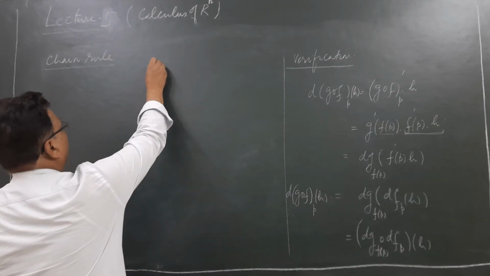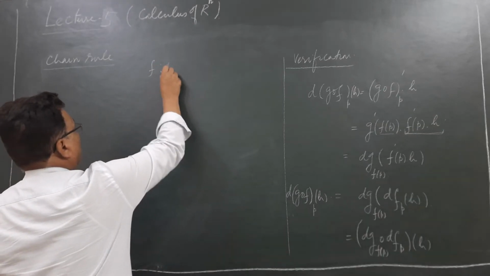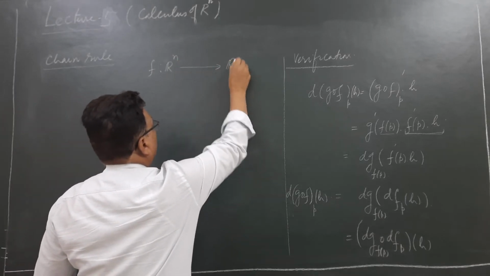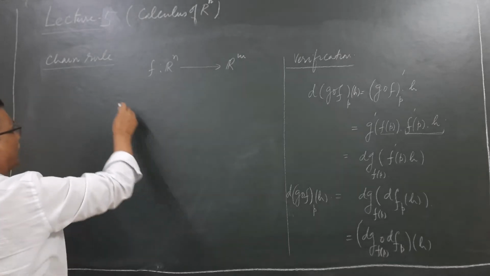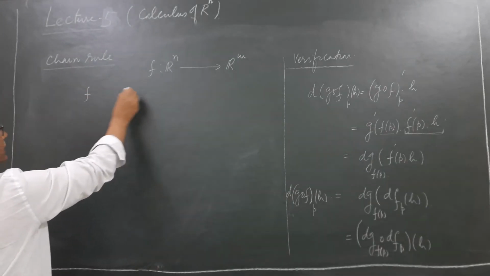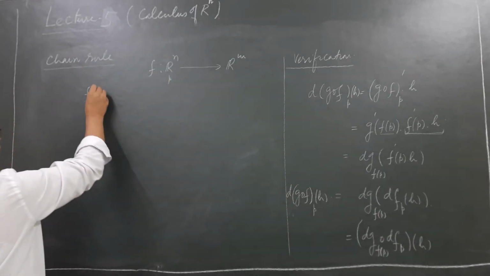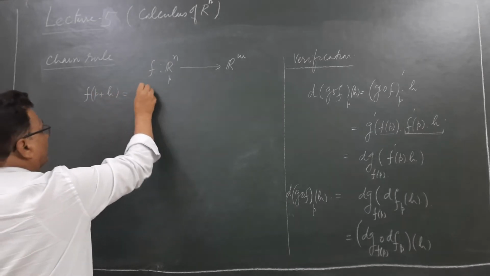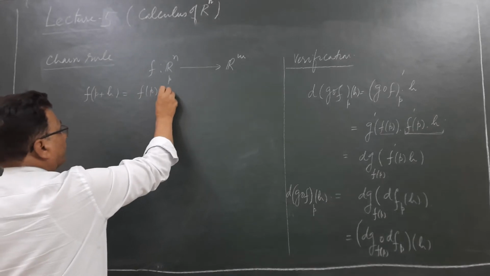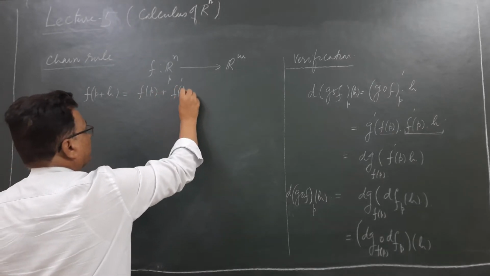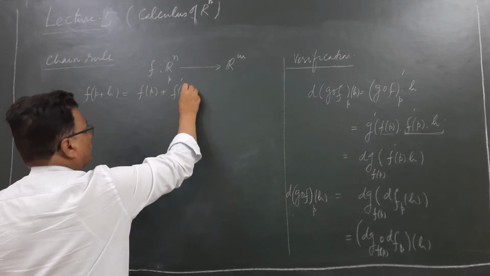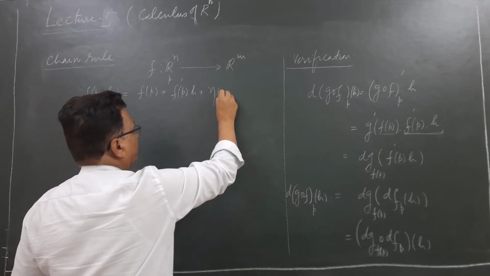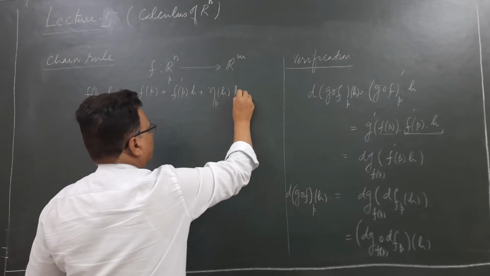We were dealing with functions from R^n to R^m, or a subset of R^n to R^m, and f is differentiable at a point P. Then f(P + h) is equal to f(P) plus f dash P into h plus a continuous function eta_P into norm of h.